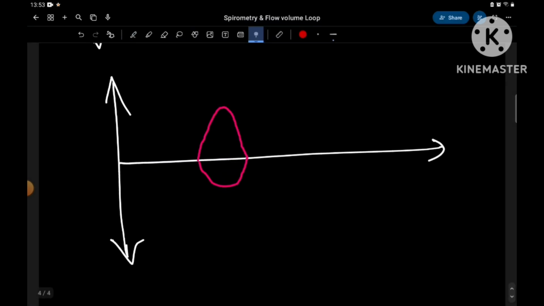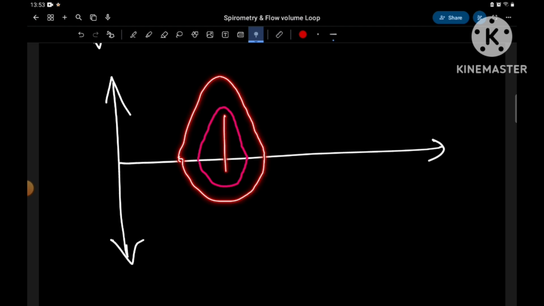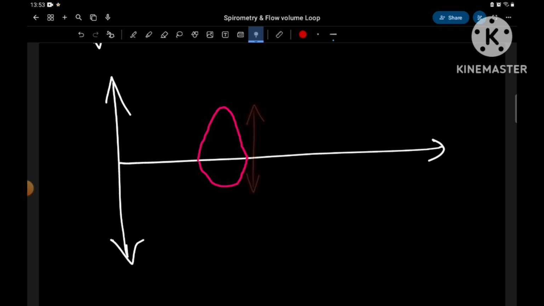You can see that it is a miniature version. This is a normal inspiration expiration curve, but this is a miniature version. It is a normal inspiration and normal expiration. The loop is normal, no abnormality in the shape, but there is an abnormality in the size. It's very small. So what does this denote?